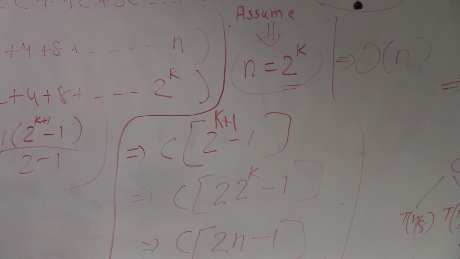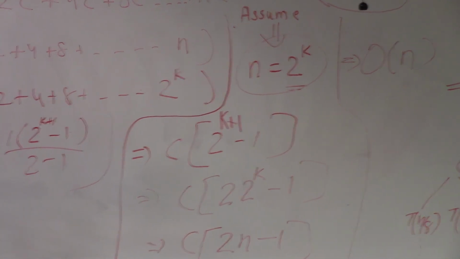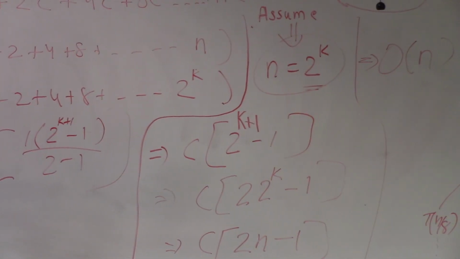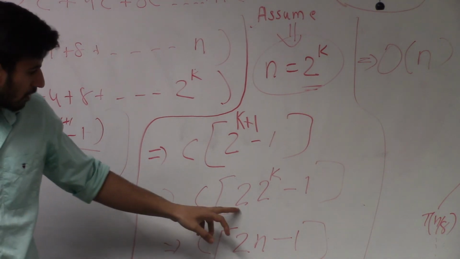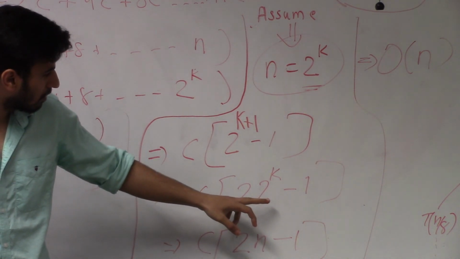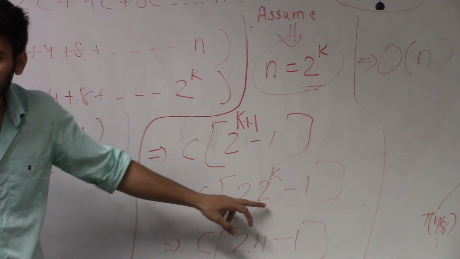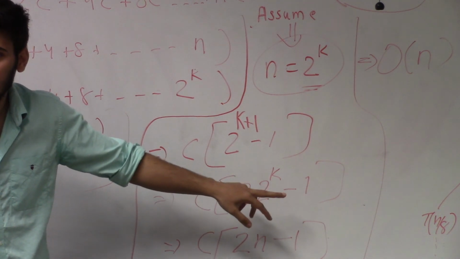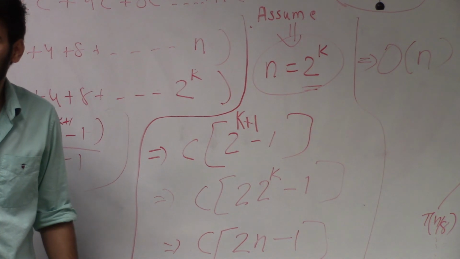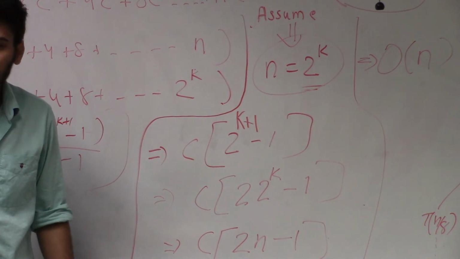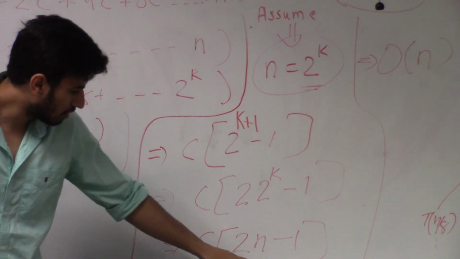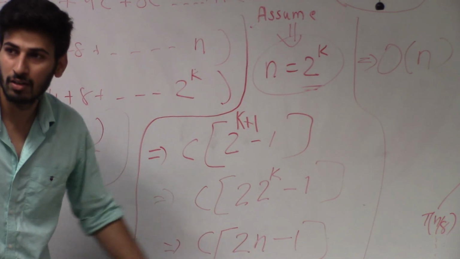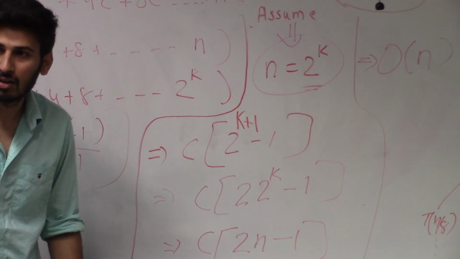Because total is 2 times 2 to the k minus 1, so that should be 2 times n minus 1.